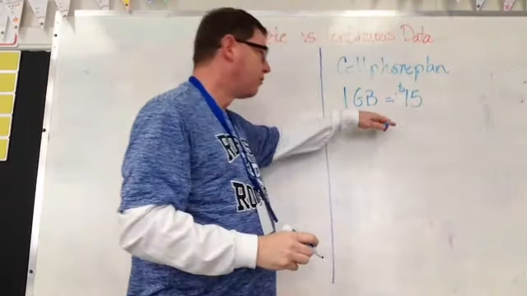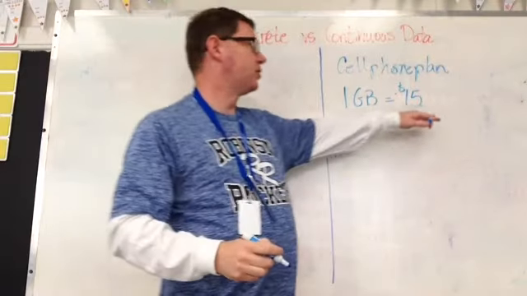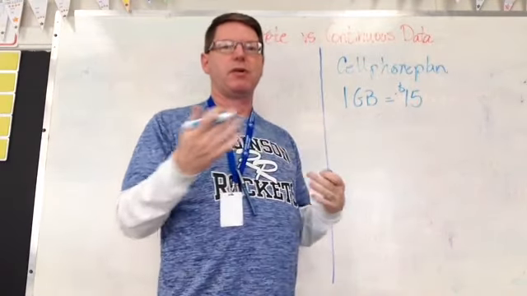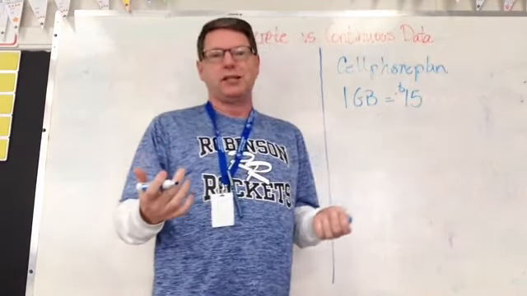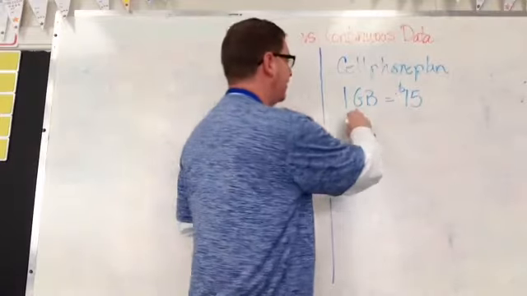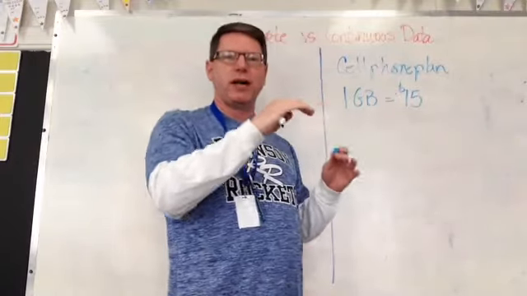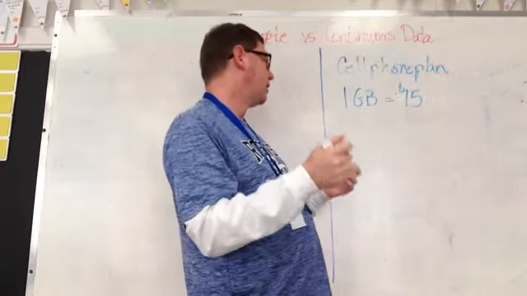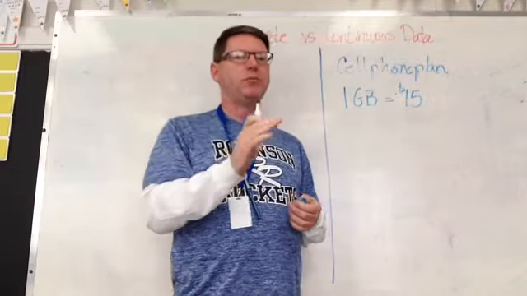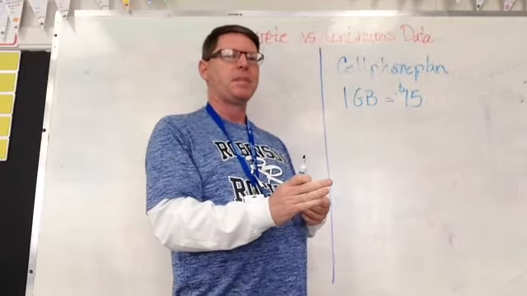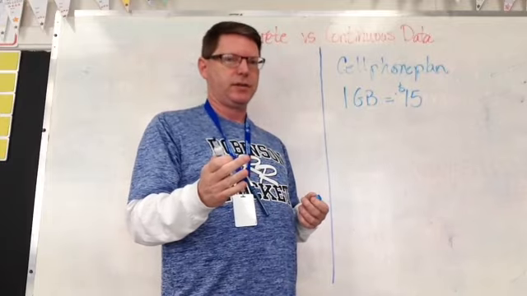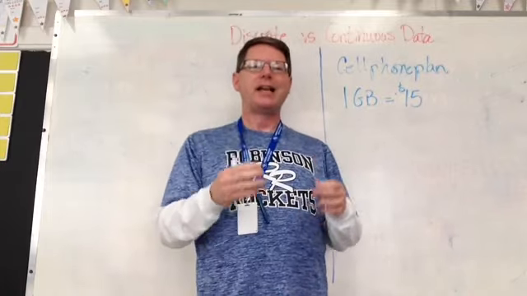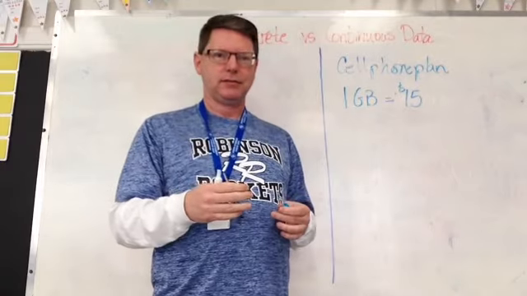But if I don't use a whole gigabyte, then they're not going to charge me $15. They're going to charge me whatever portion I used, so that's continuous, because they can charge me any portion or any fraction of that information. So 1 gigabyte would be $15, but 1.3 gigabytes would also be a cost that they could charge me. Okay? That is continuous data.